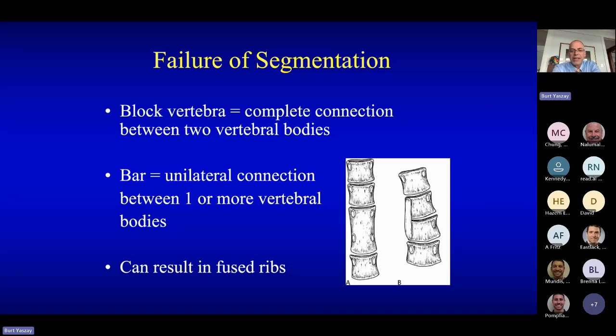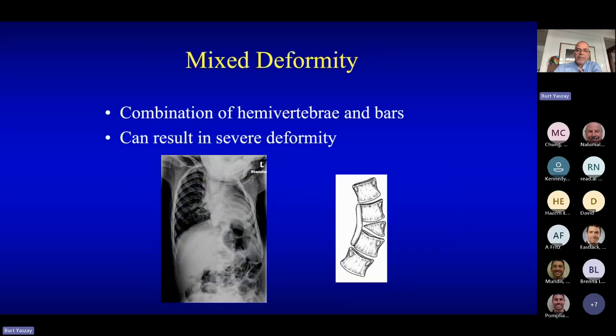A bar is basically a one-sided connection. We now know that a bar can extend just beyond the spine itself, and because the ribs are relatively rigidly attached to the spine, even fused ribs can be a source of a bar for the spine deformity as well.